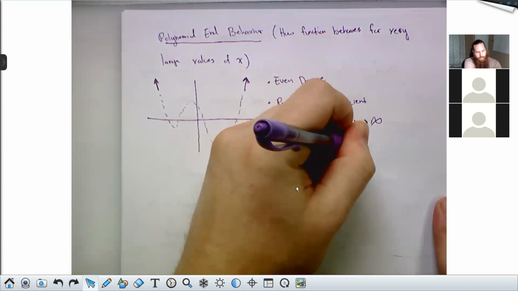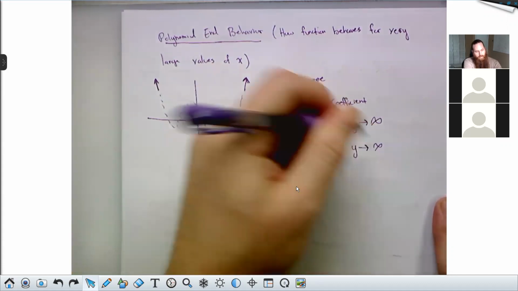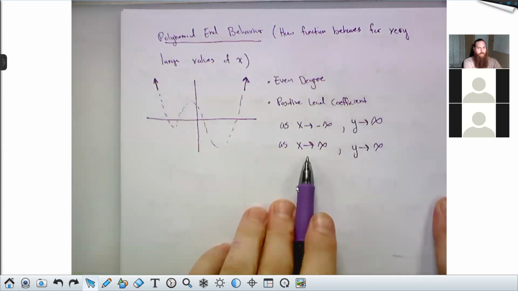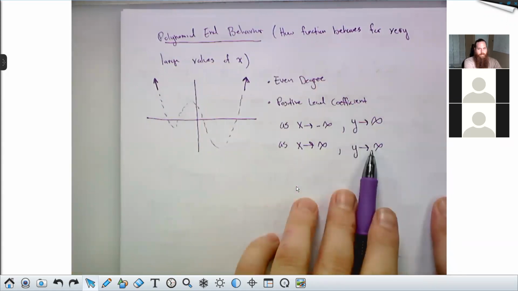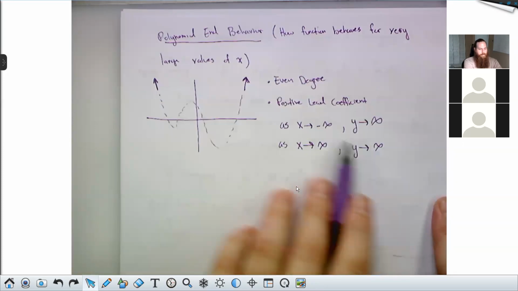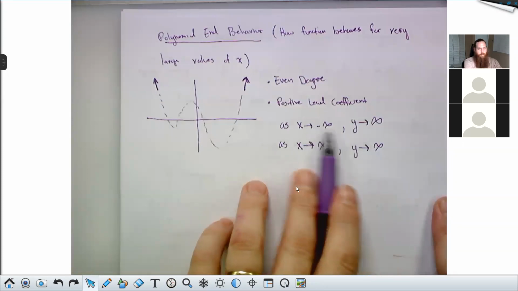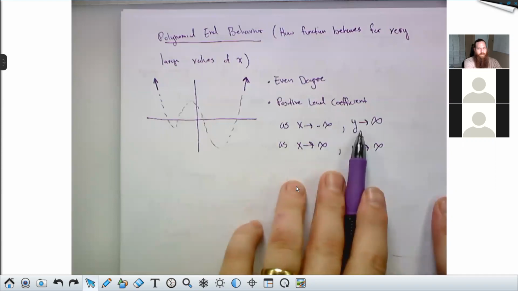We go up. So you can read this as we go to the right, really, really far, the y values end up going up. And you can read this as we go to the left, really, really far, the y values end up going up.